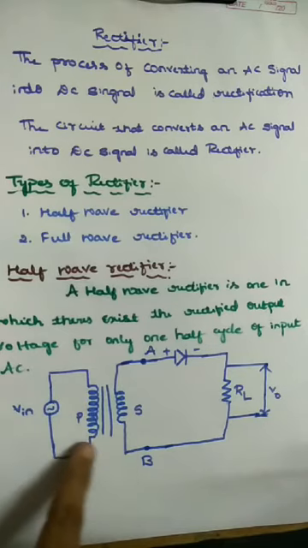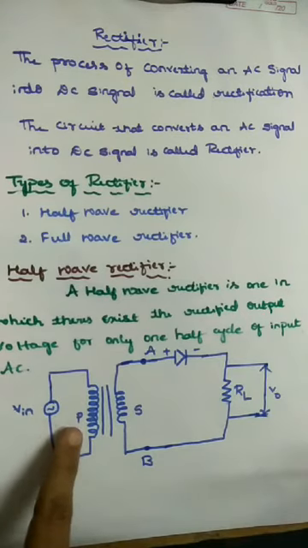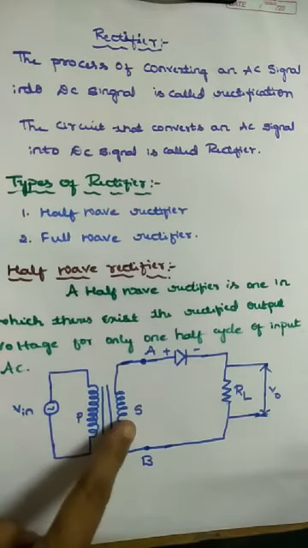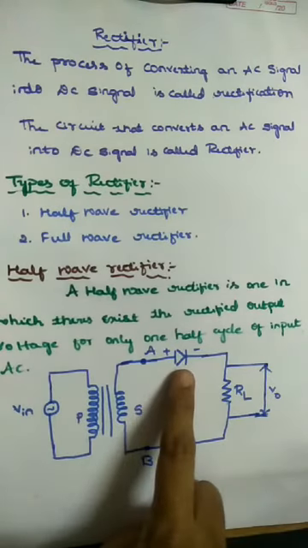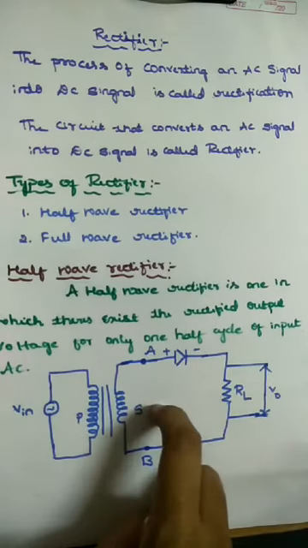In the case of a step up transformer, the primary turns are less than the secondary. In the secondary circuit there is a semiconductor, the P type and N type, that is the PN junction.